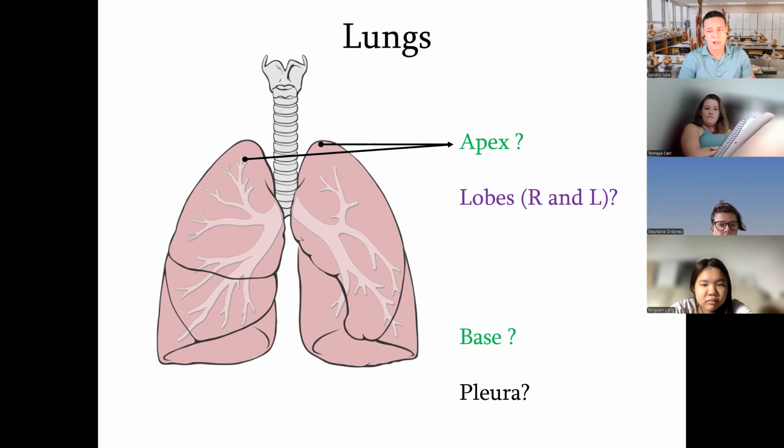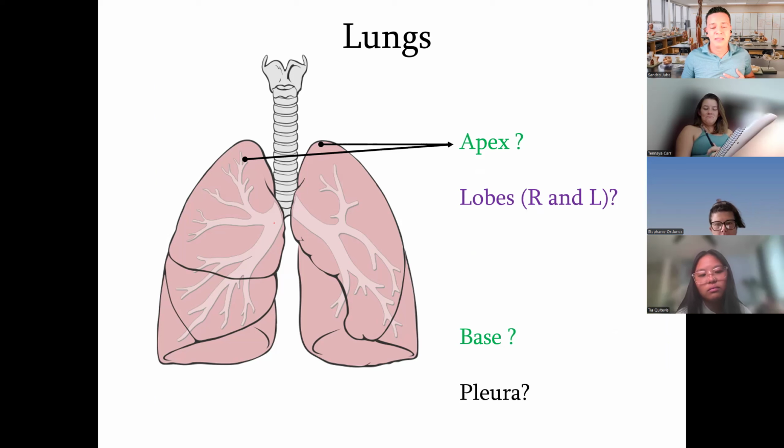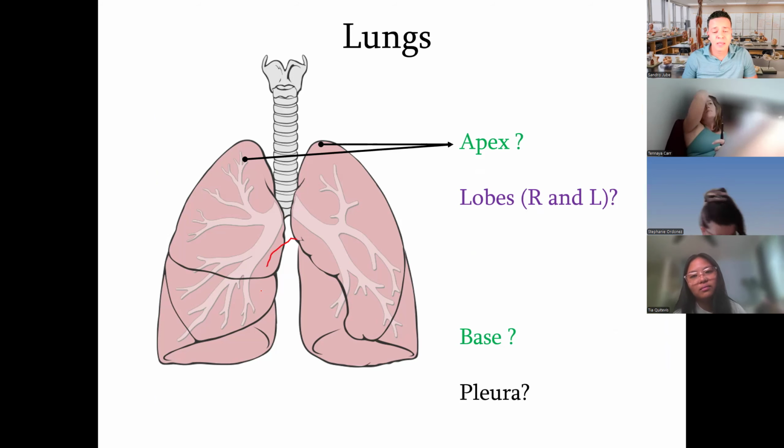Why does it need to be smaller? Space for other organs? A space for what organ specifically? The liver? Not the liver. The liver is way down below. Oh, wait, hold on. What is sitting right here in the thoracic cavity, in between the lungs? The heart. The heart, absolutely.